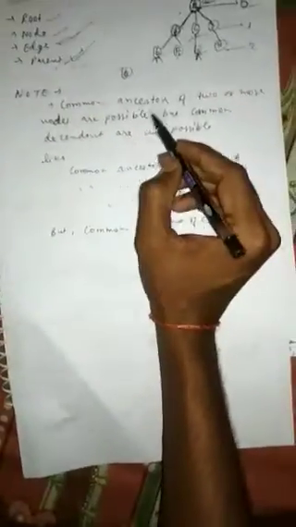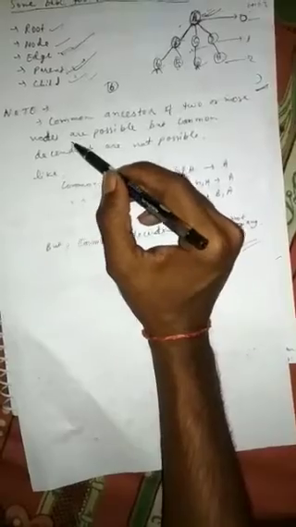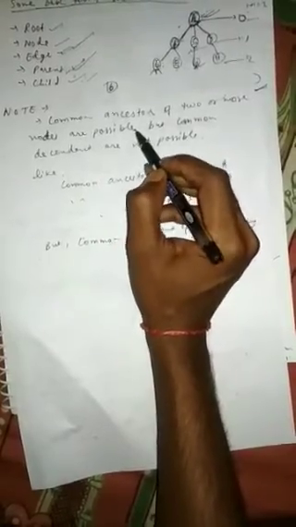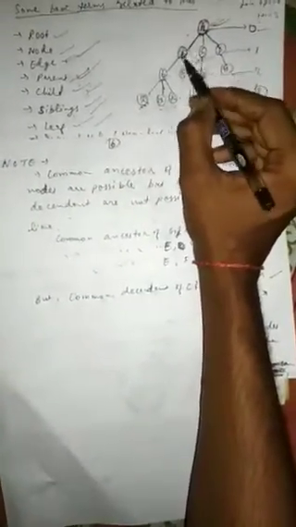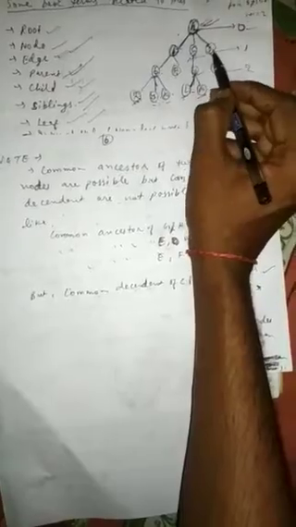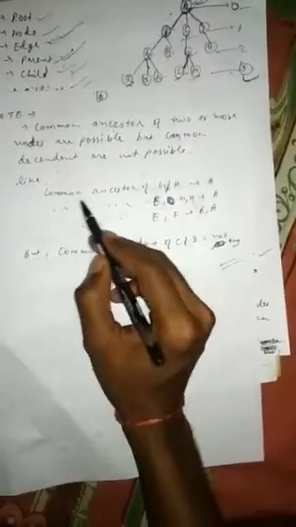From ancestor and descendant, we conclude that a common ancestor of two or more nodes is possible, but a common descendant is not possible. Here we see B, C, D. Okay, common ancestor.